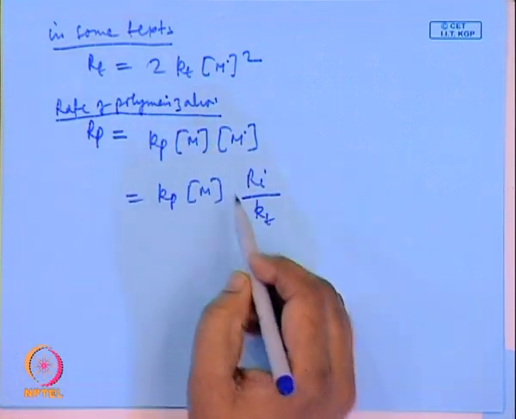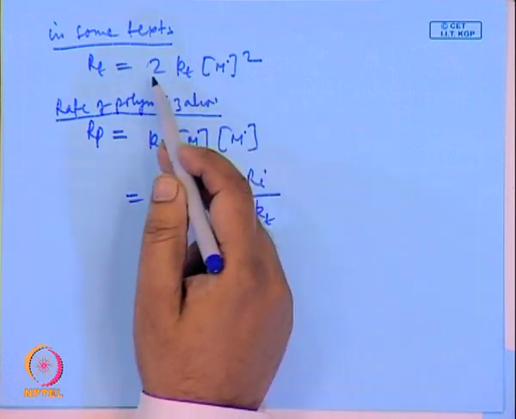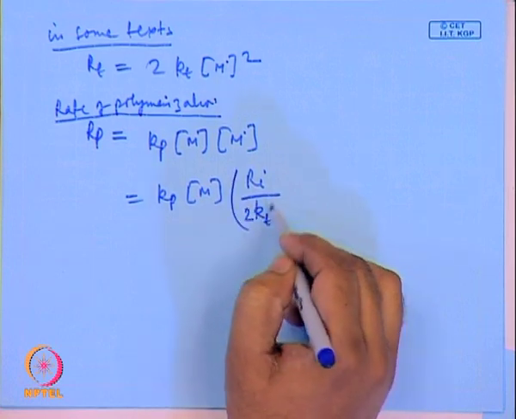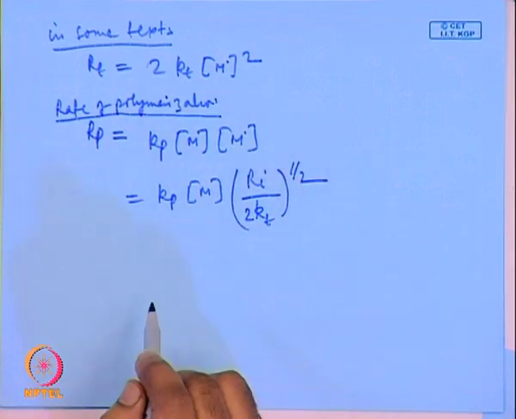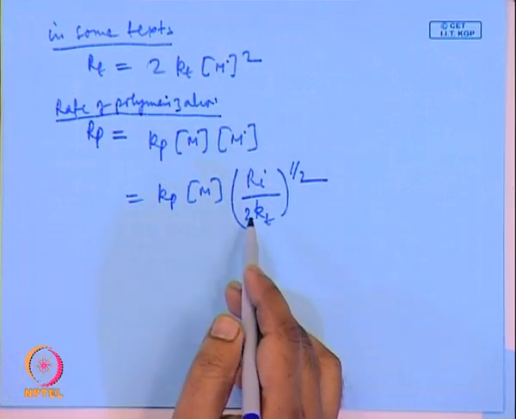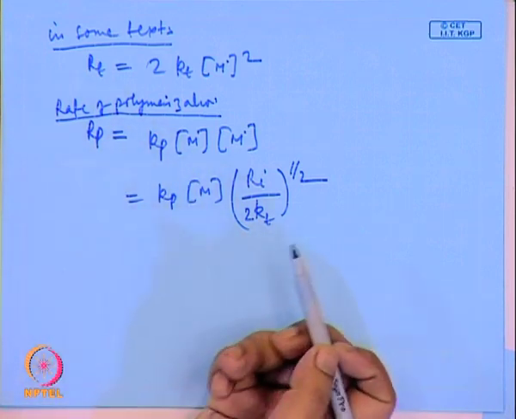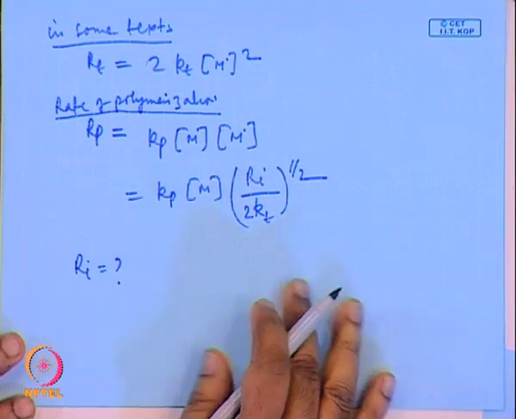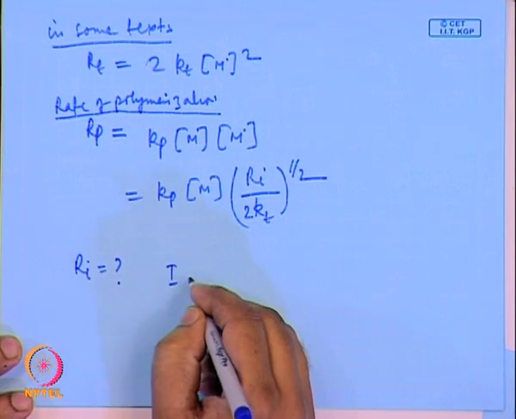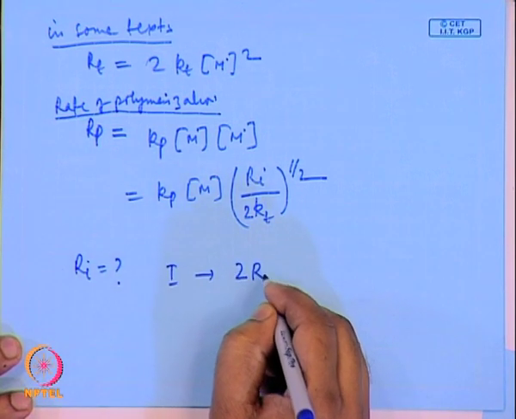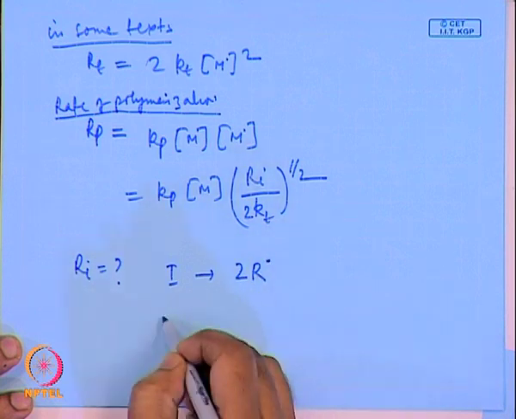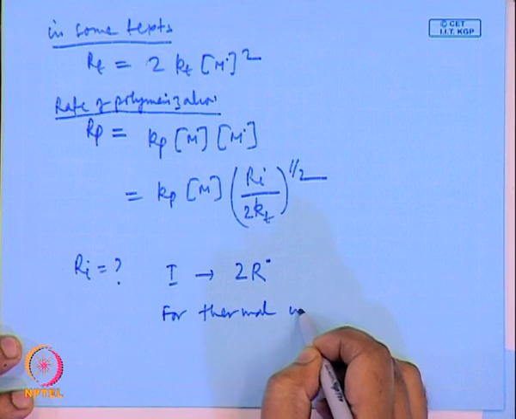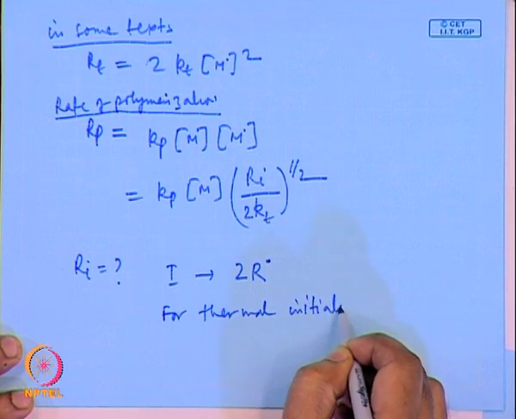Now, let us write 2 here, let us follow this convention. So, I write 2 and this is what the rate of polymerization is. So, we have to know Ri. Now, Ri is, this is for thermal initiation.